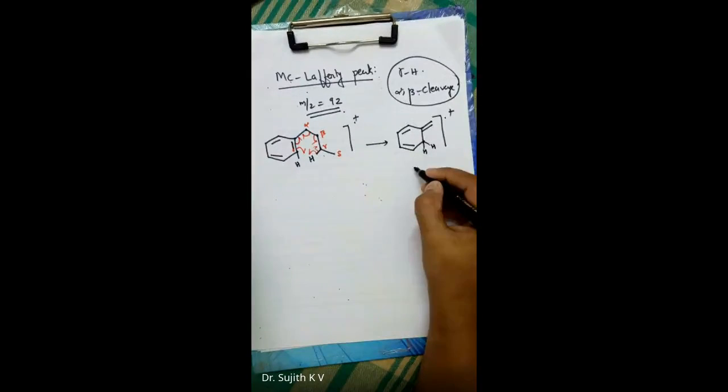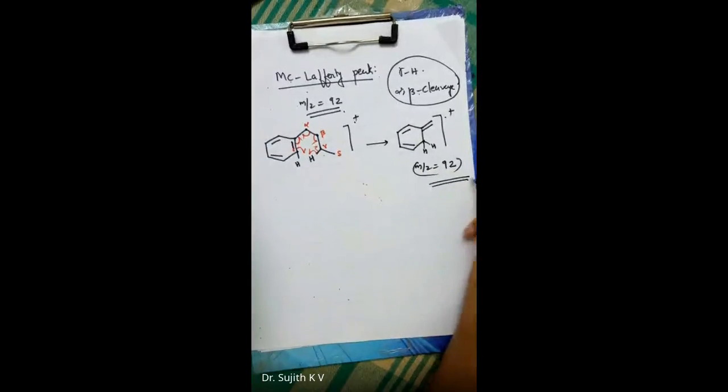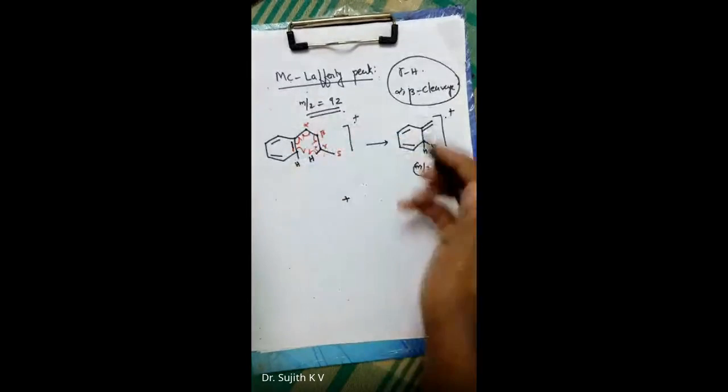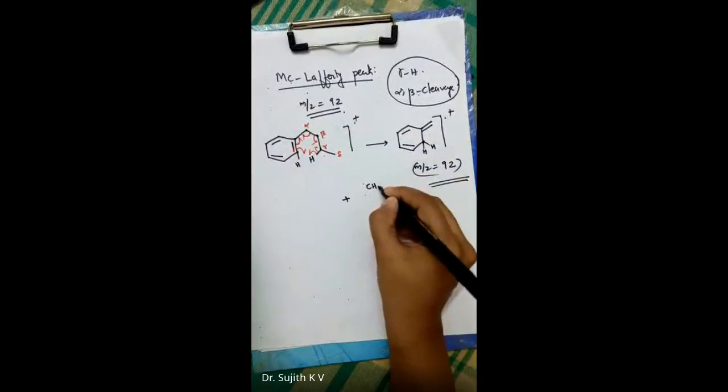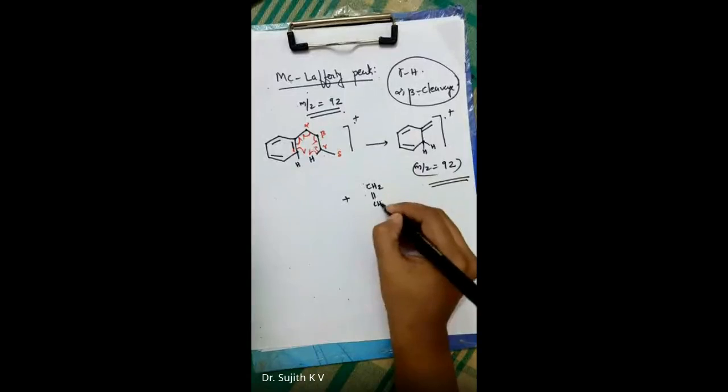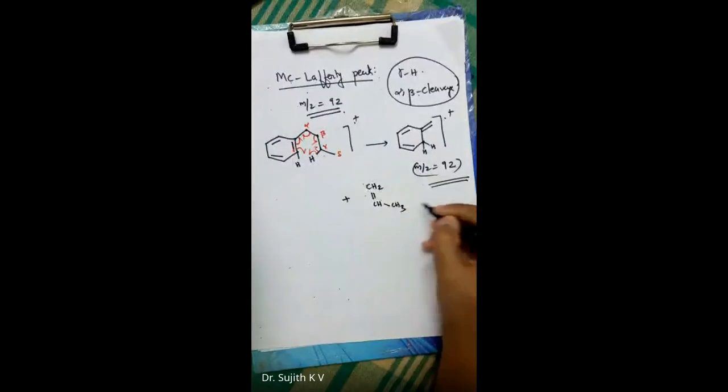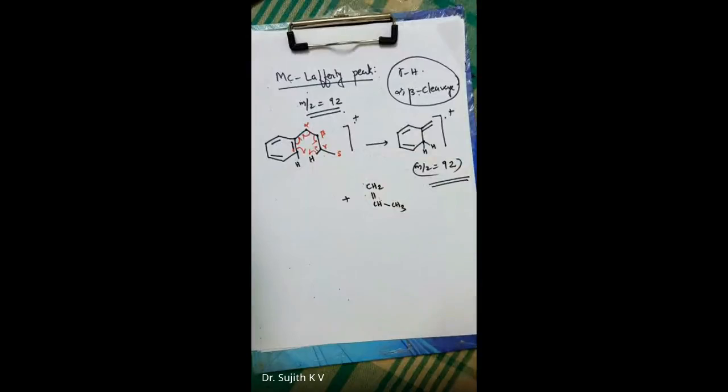This is the species which has M by Z equal to 92. This species is responsible for the McLafferty peak. And don't forget the remaining chunk, which is CH2 double bond CH, CH3, propene in the case of this starting material we have taken.